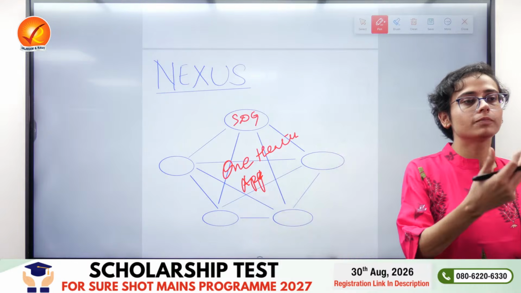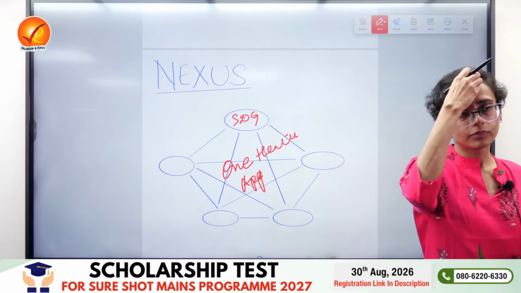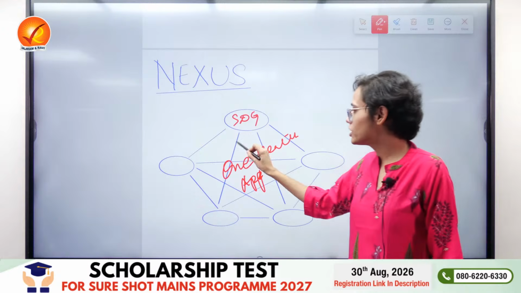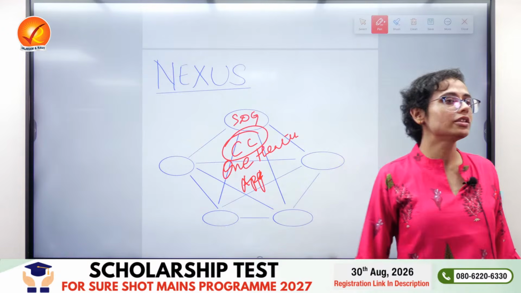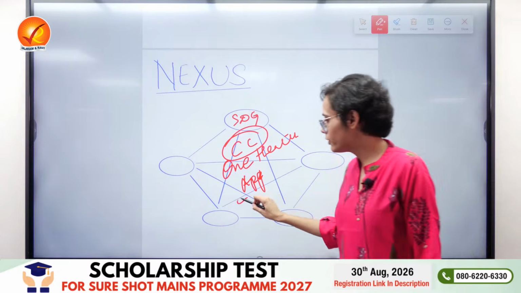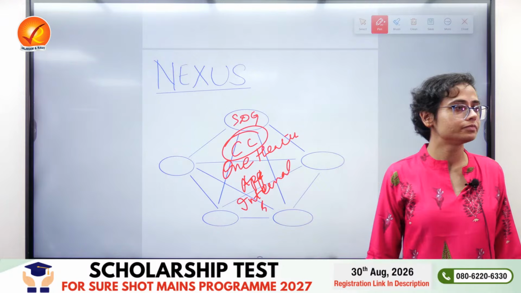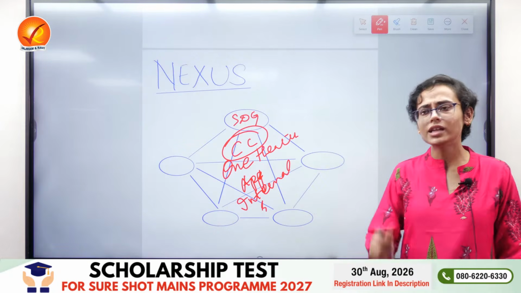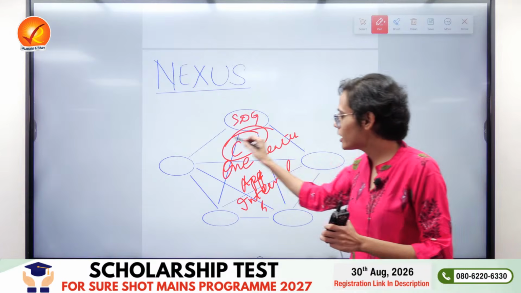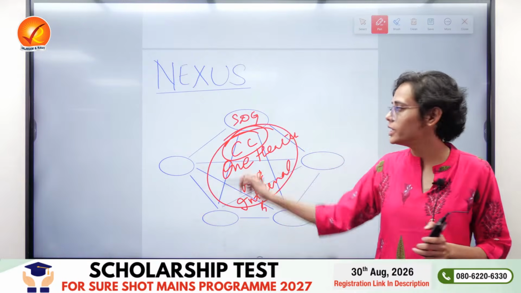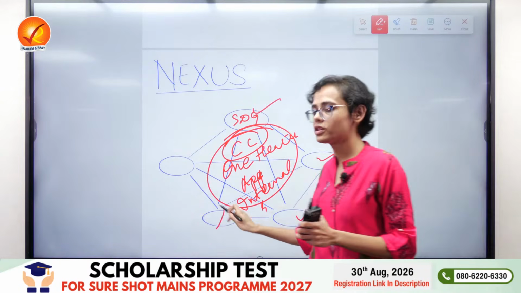Where animals, humans, environment. When we want to do certain things with regards to climate change, or certain things with regards to internal security, criminalize anything, the nexus that you have to break, we need the combination of certain factors.